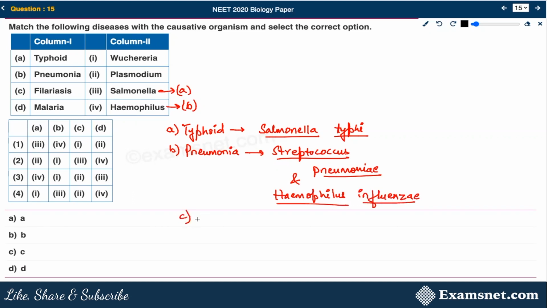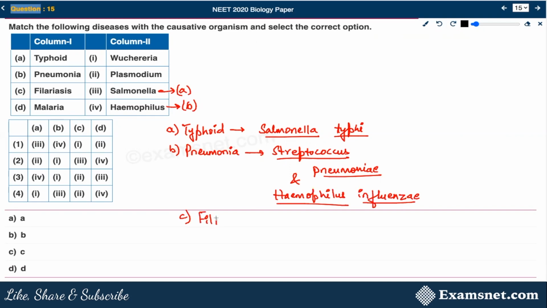Now, option C says filariasis. Now, filariasis is actually caused by filarial worm. Now, this filariasis, which is also known as elephantiasis, all right. So, this is caused by a worm, and that is called as Wuchereria. And there are two species of Wuchereria.